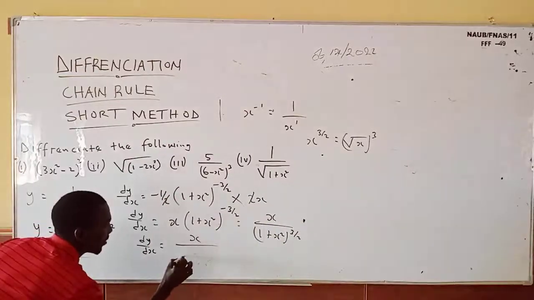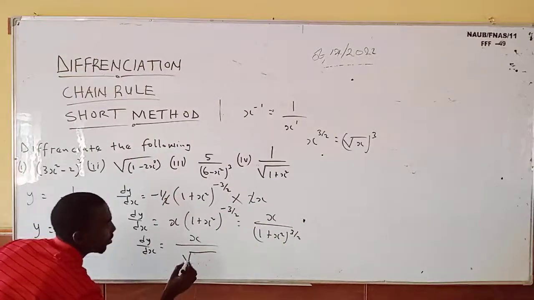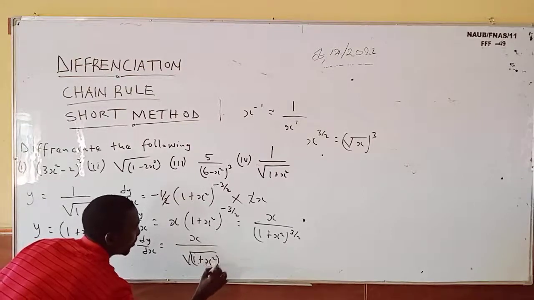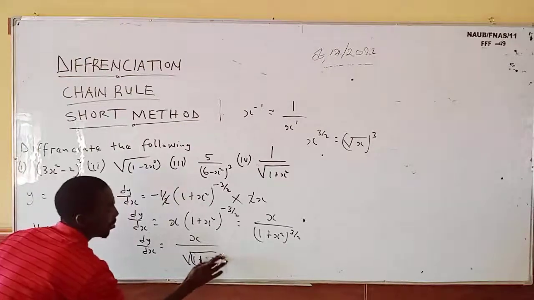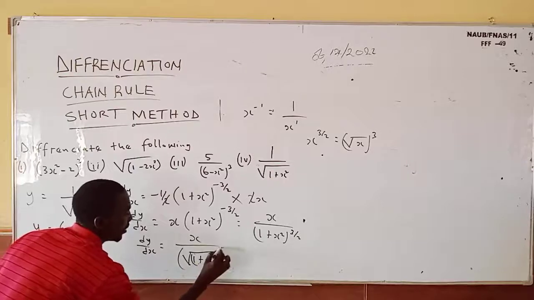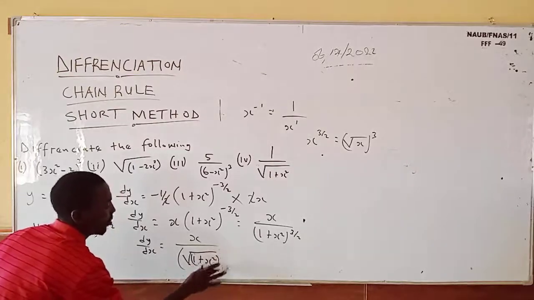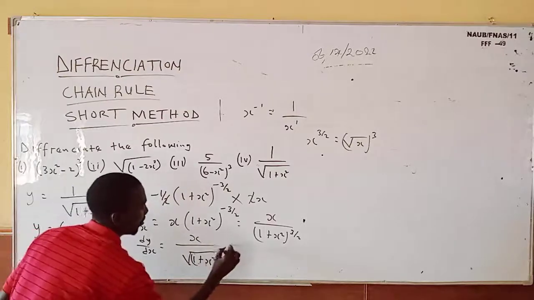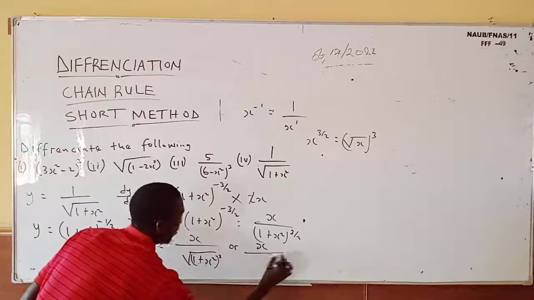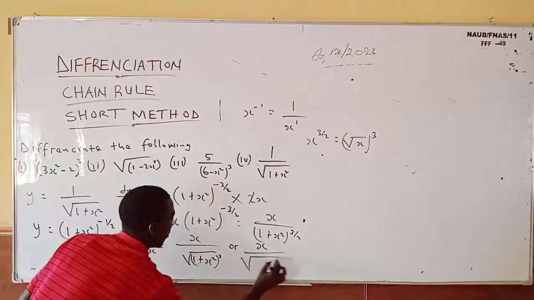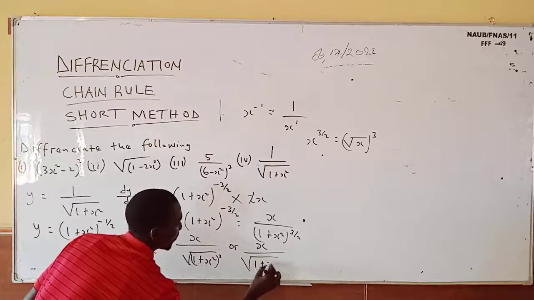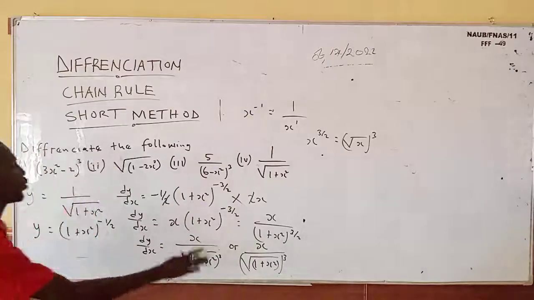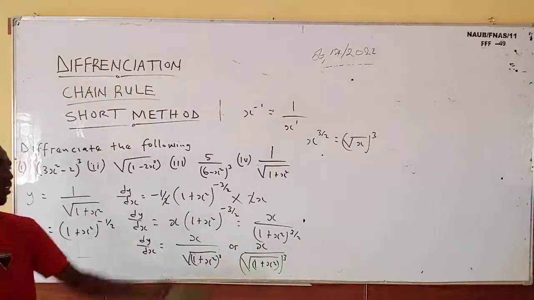So it means that this one will be the square root of 1 plus s squared, all to the power of 3, or you can put your power like this, or you can leave it like this, any one you write. So the two are correct. You can give the answer like this.